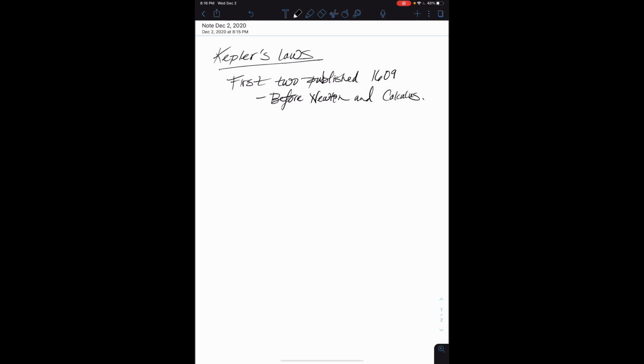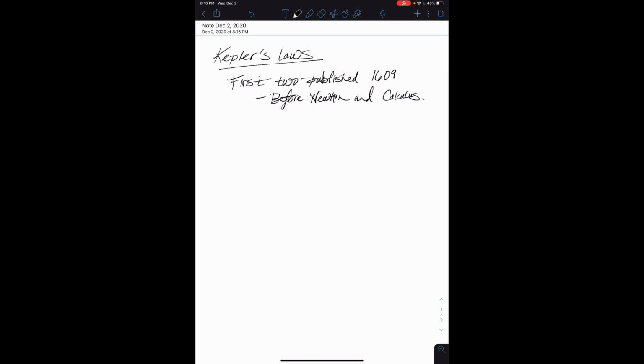Newton invented calculus or discovered calculus along with Leibniz, and so just to give you an idea, Kepler worked with geometry and trigonometry, and he didn't have the fancy calculus derivatives and integrals to figure this out.